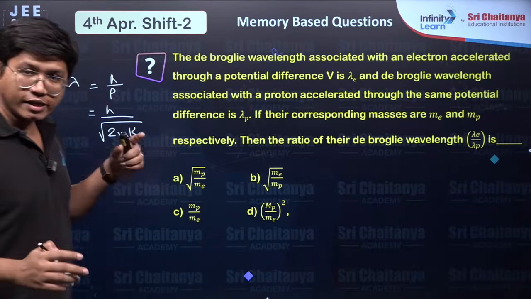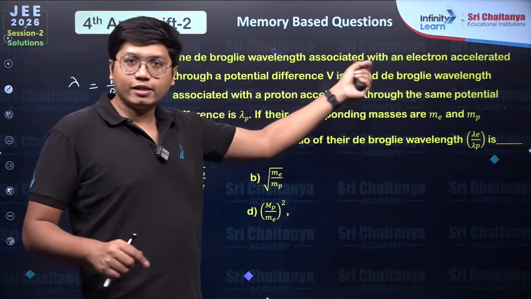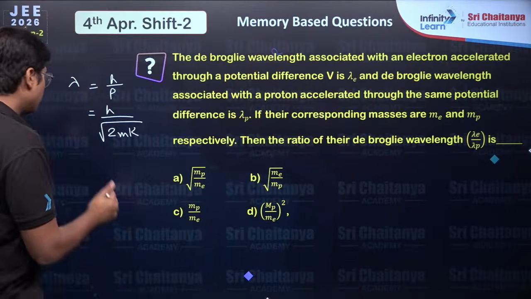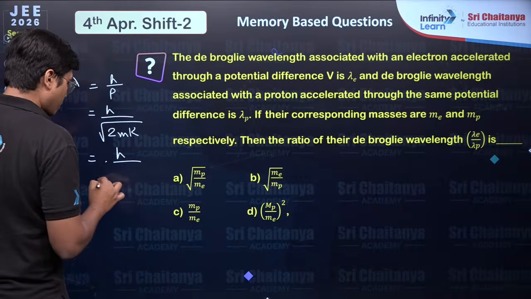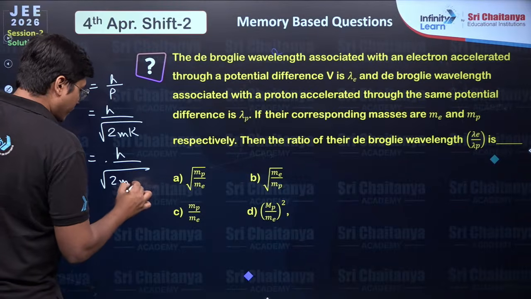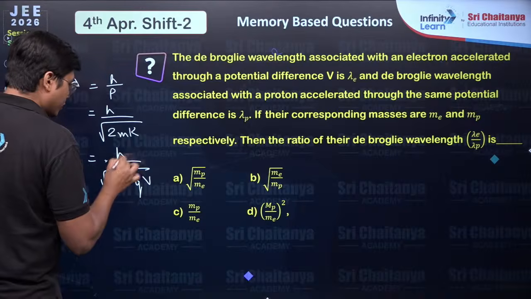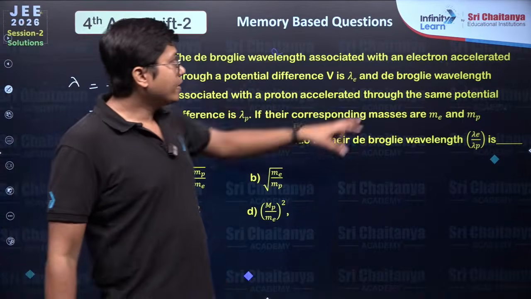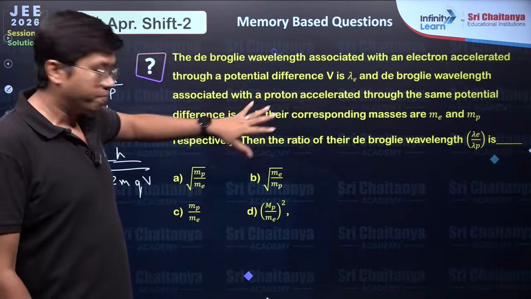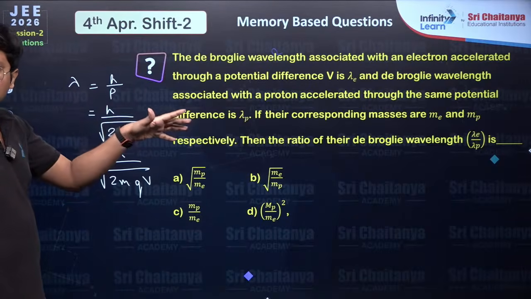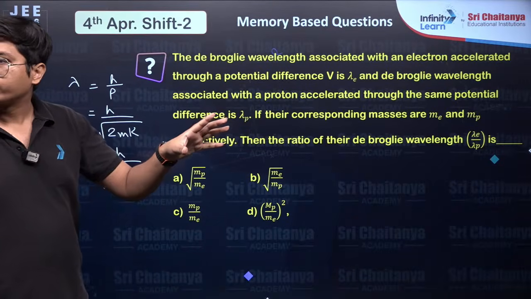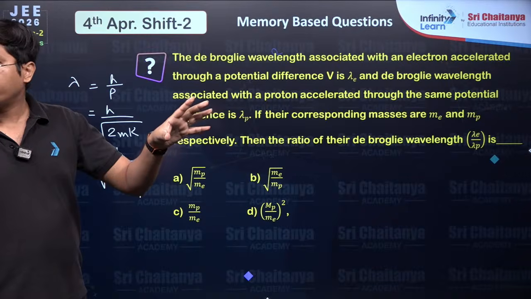The kinetic energy comes because the charged particle is accelerated through the potential difference. So it's h over root of 2m into the charge into the voltage. Now see, between this electron and this proton, Planck's constant is a constant. I don't bother about it.